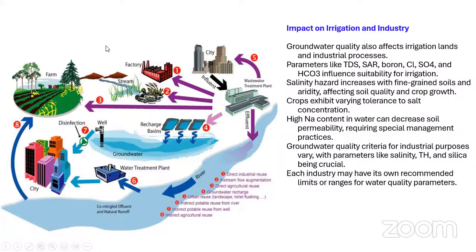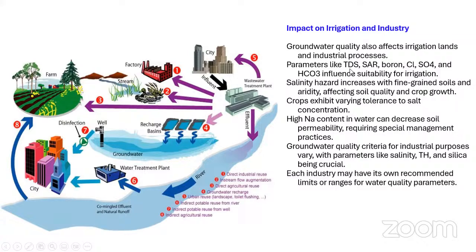Each TDS value may affect the drinking quality, irrigation quality, industrial quality, or domestic usage quality. Here, what is the impact of groundwater quality on irrigation and industrial purposes, and what are the classifications related to the irrigation and industrial purpose assessment.